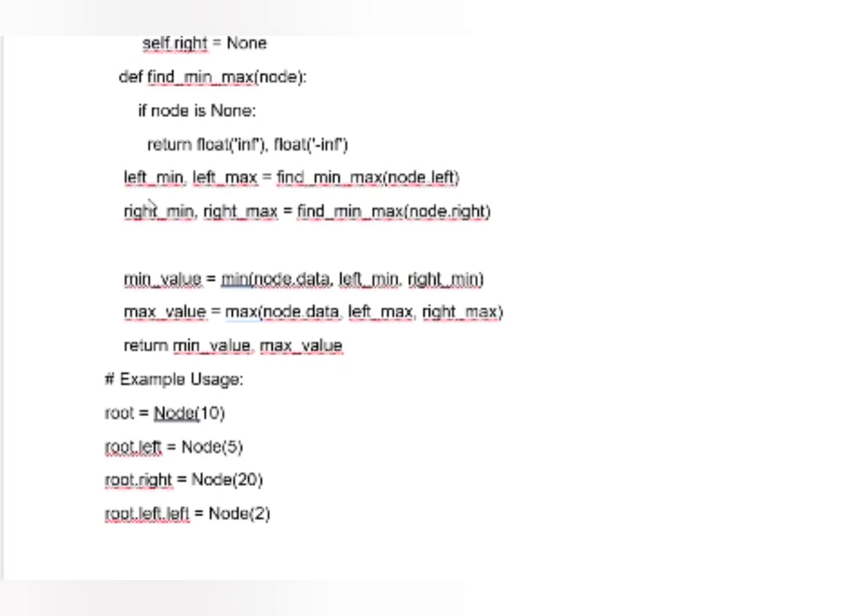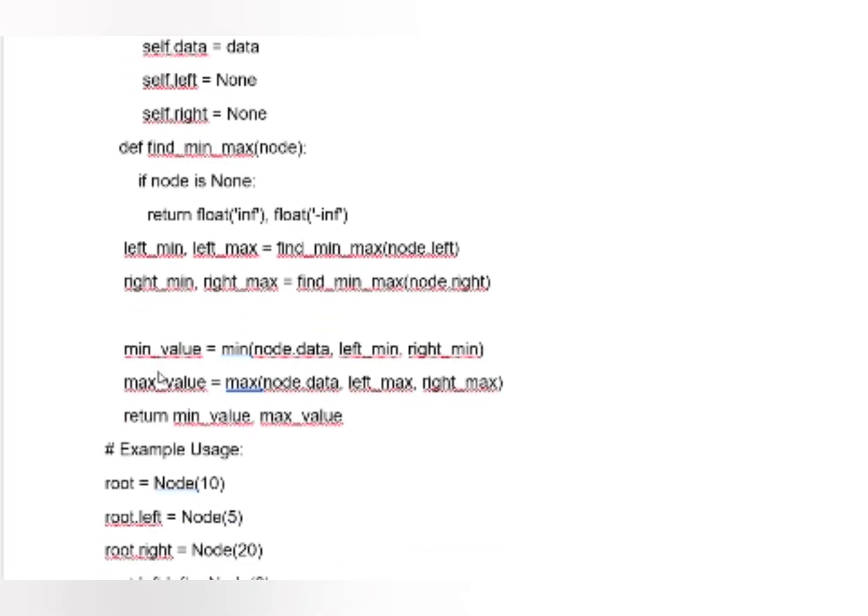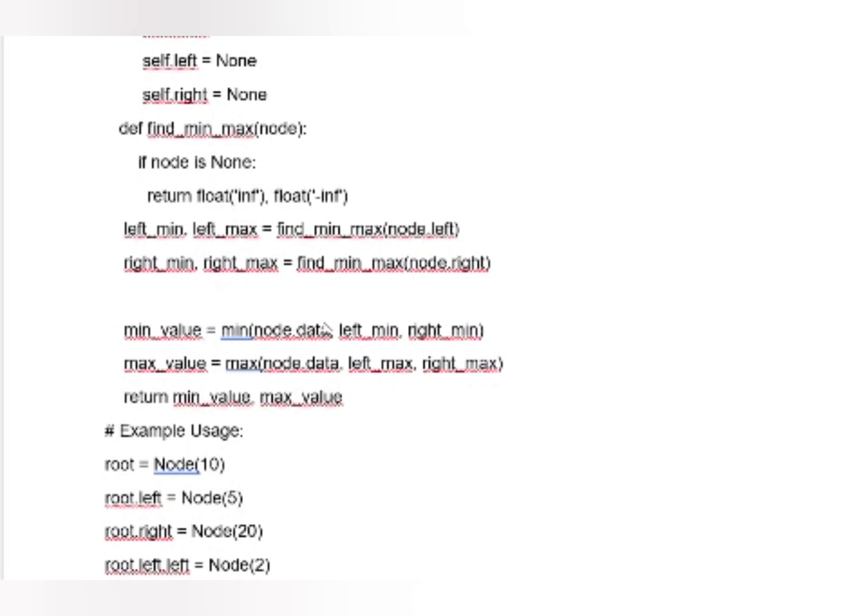We consider left_minimum, left_maximum equals find_min_max of node.left, and right_minimum, right_maximum equals find_min_max of node.right. We consider the min value between node.data, left_minimum, right_minimum, and the maximum value between node.data, left_maximum, right_maximum.